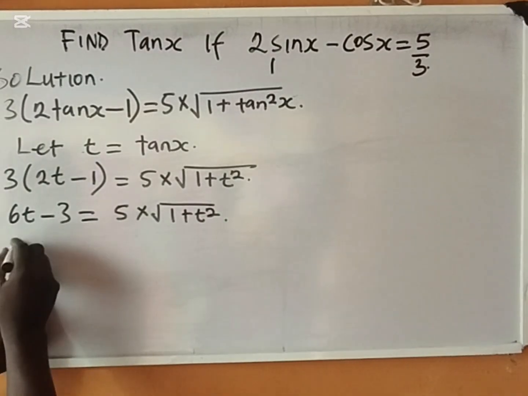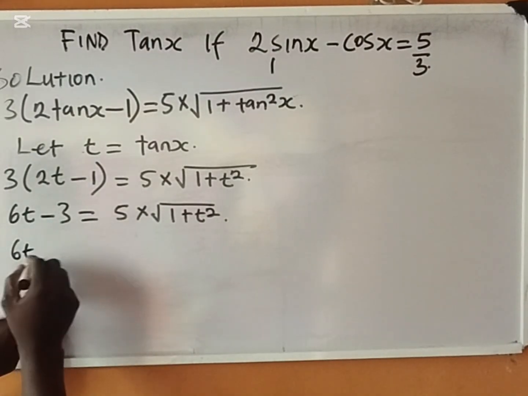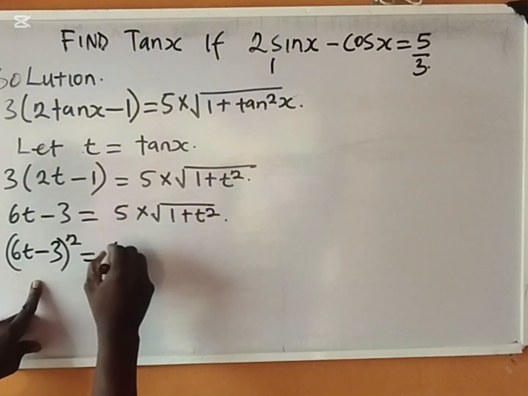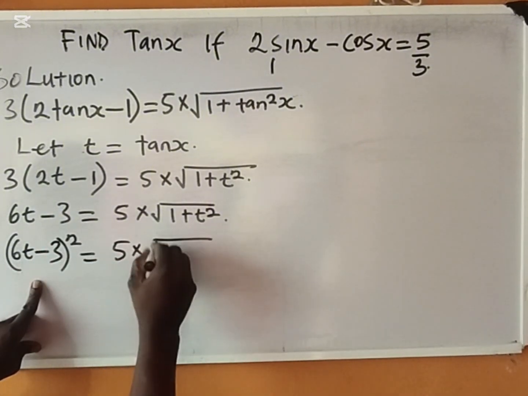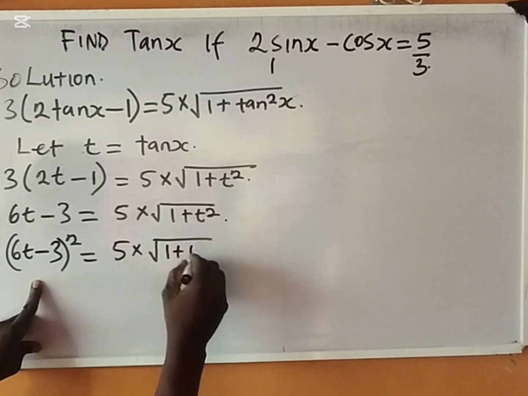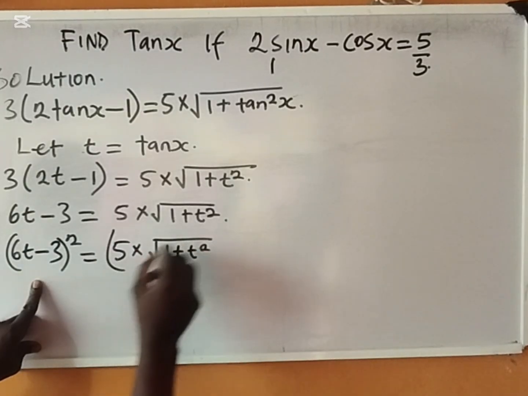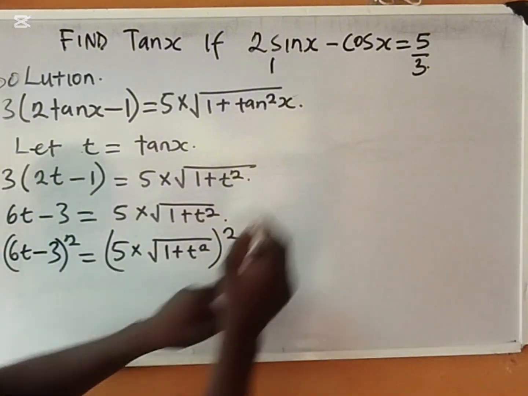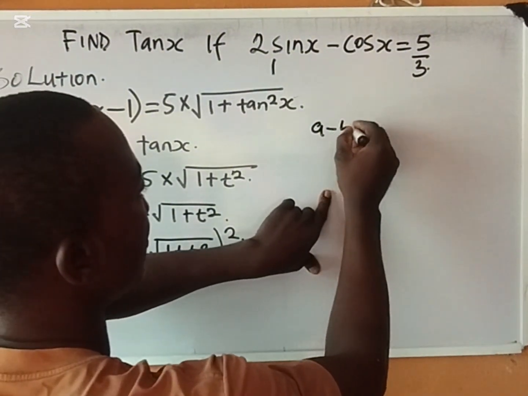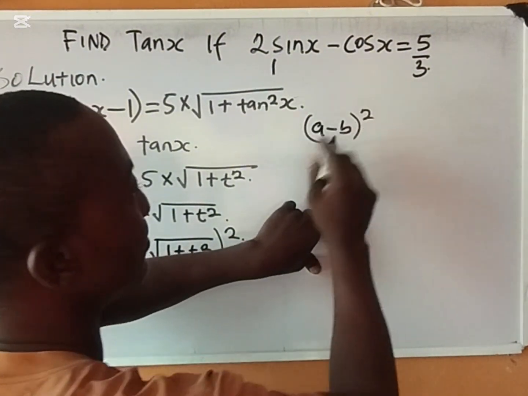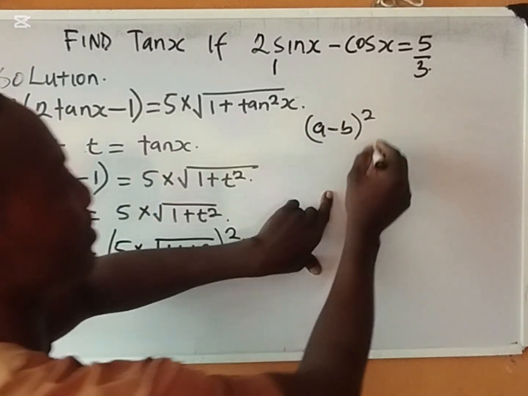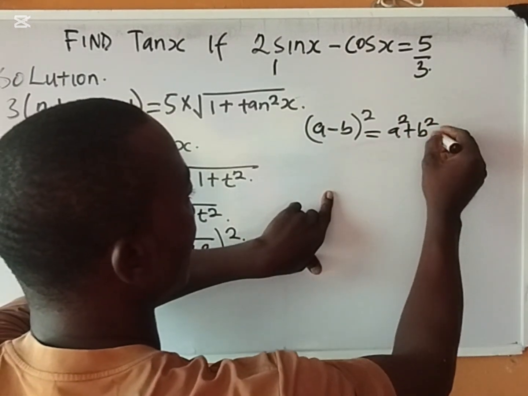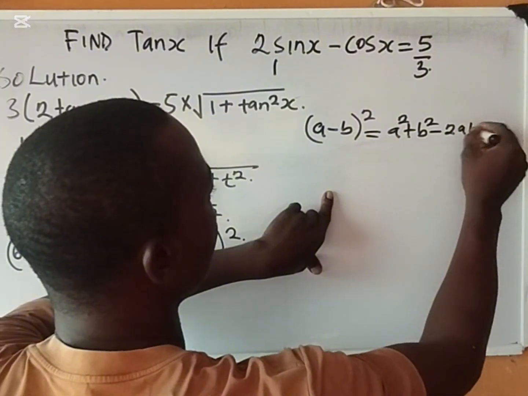If I do that, I'll have (6t minus 3) all squared is equal to 5 times root of (1 plus t squared) all squared. Now, if you have (a minus b) all squared, if you want to expand this, it will be a squared plus b squared minus 2ab.